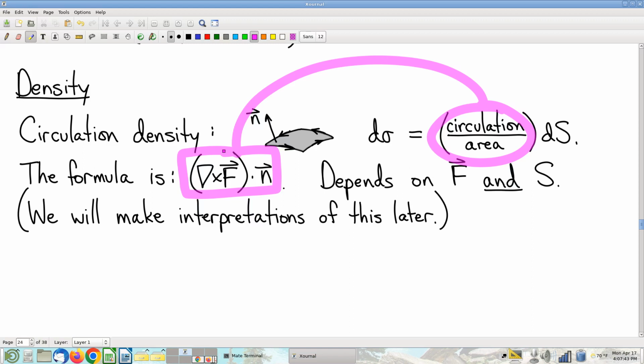That's really the big idea, what I most want y'all to know about that formula. How to derive it is details, and it's important, but if you were to forget how to derive it, that's okay. If you forget what it means, that's not okay. This is what you're really going to be using of the idea of circulation density.